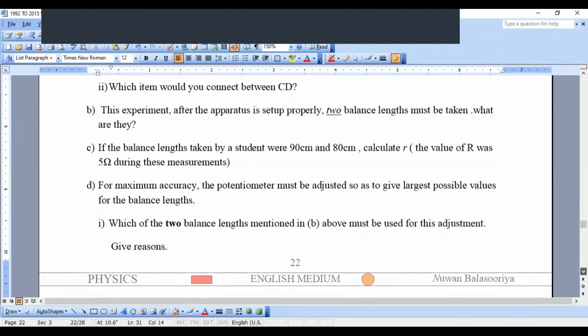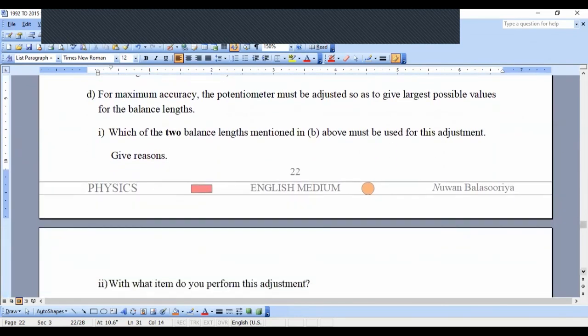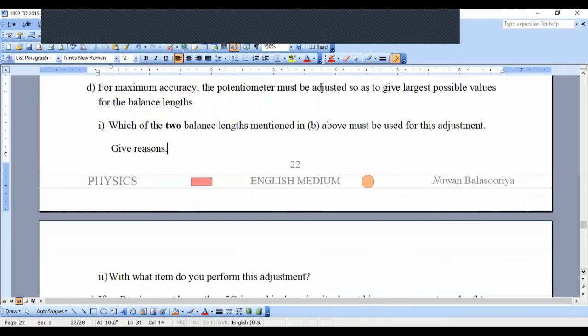One more student, please read that answer once again. If the small balance length is used for the above adjustment, a larger balance length may be larger than the potentiometer wire, then it cannot be obtained. Very good, thank you.